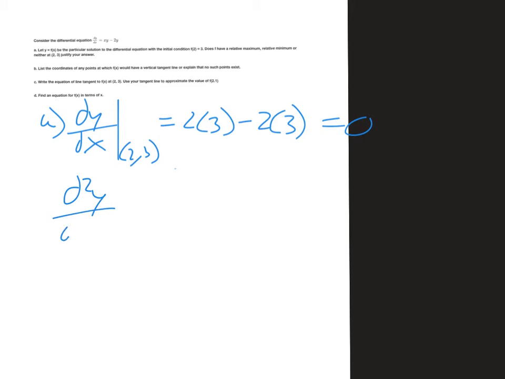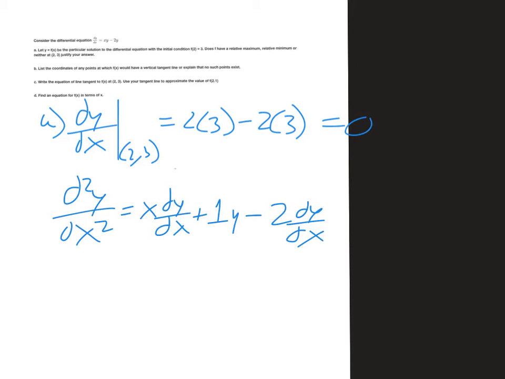So the second derivative, I need product rule, so let's leave the x, take the derivative of the y, plus take the derivative of x, leave the y, then minus, well, no product rule here, just 2 dy/dx.